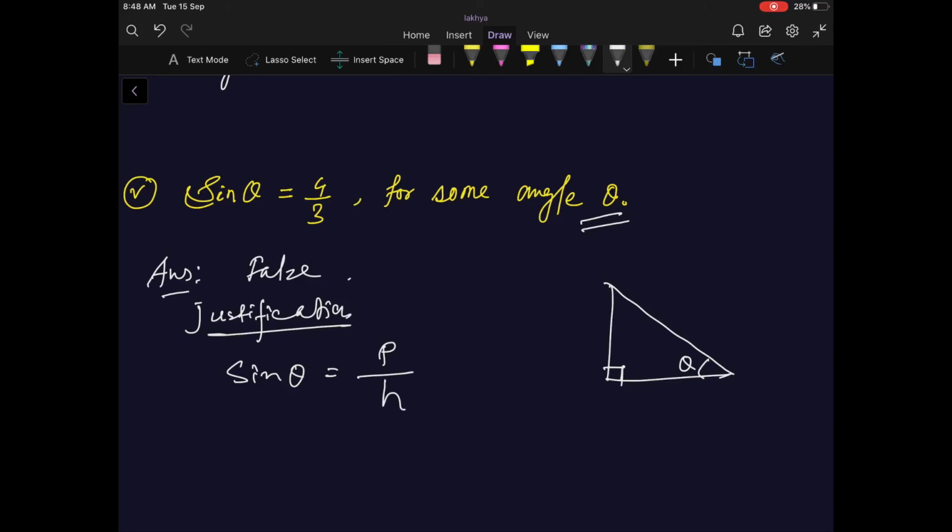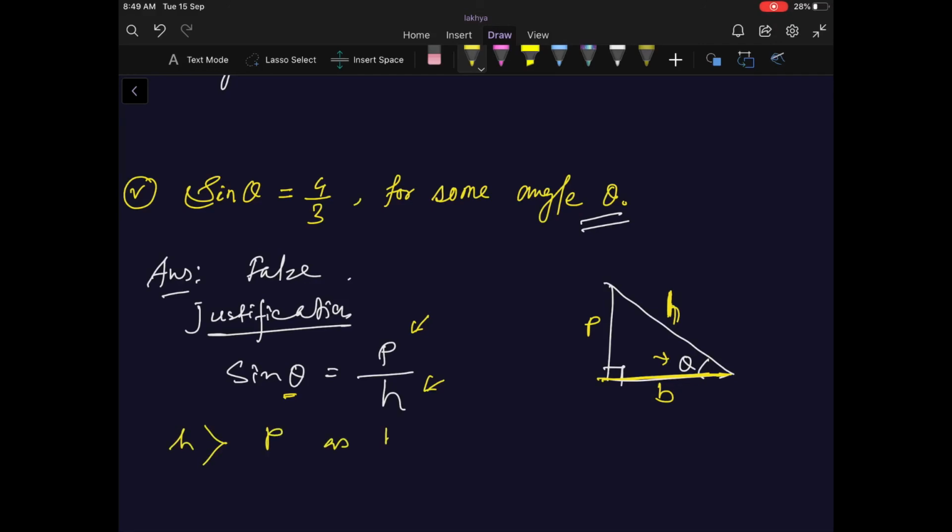The side opposite to angle theta is perpendicular, the adjacent side other than the hypotenuse is base, and the side opposite to the right angle is called hypotenuse. So sine theta is perpendicular by hypotenuse, and hypotenuse is always greater than perpendicular.